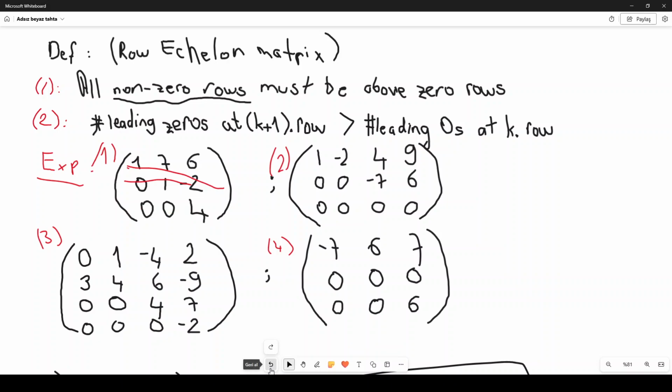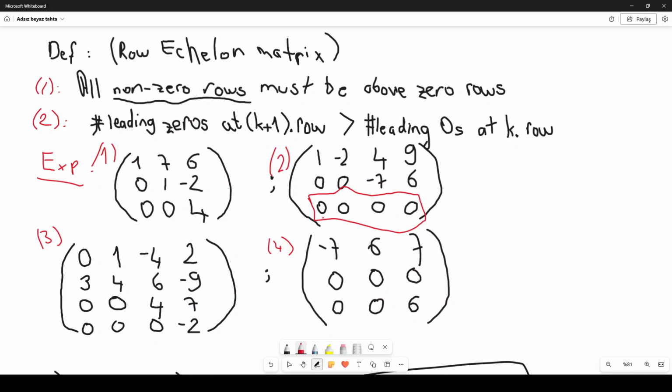So there is no zero row. How about the second matrix? In the second matrix, if we number the rows from top to bottom, first, second and third, we see that the row at the bottom, the third row, involves only 0 values.